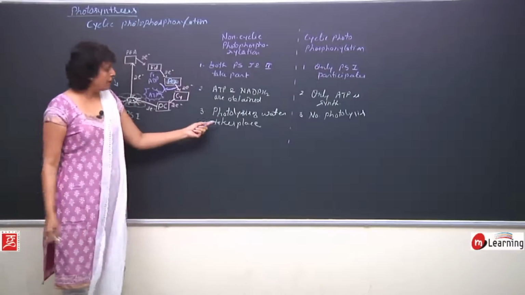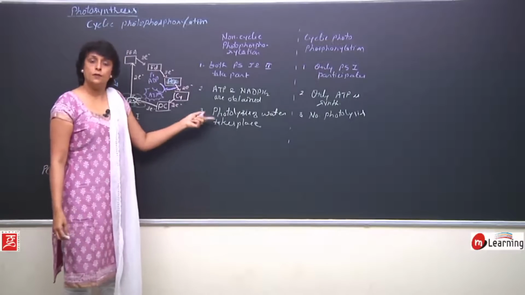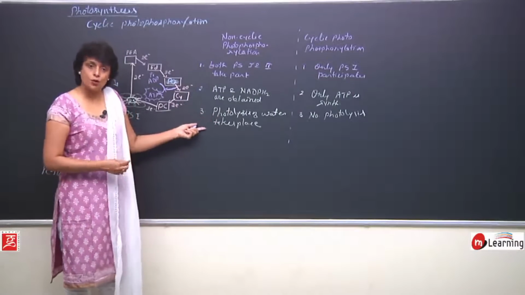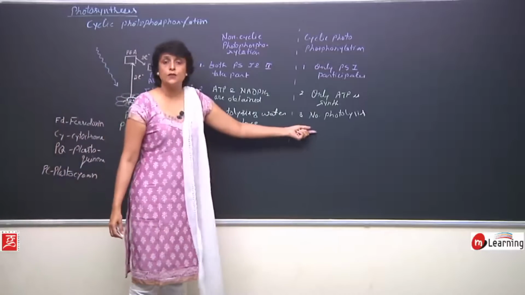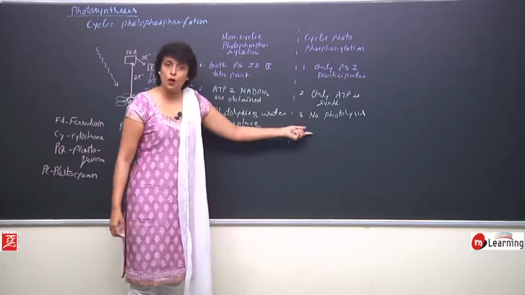Another important thing, when photolysis takes place, along with electron and proton, oxygen is also given out. As in case of cyclic, there is no photolysis, so no oxygen.